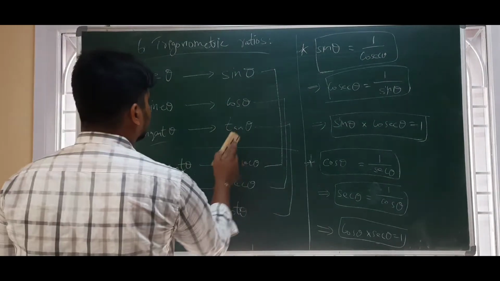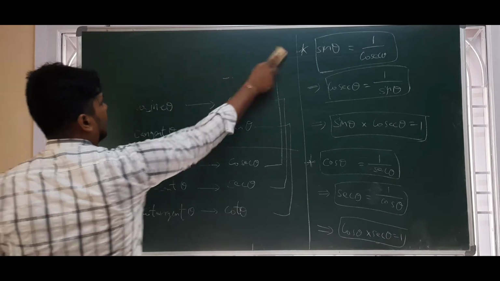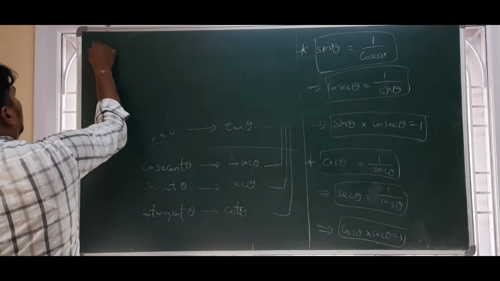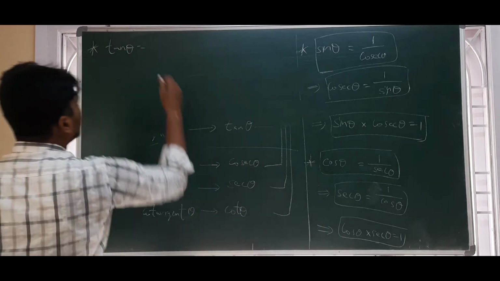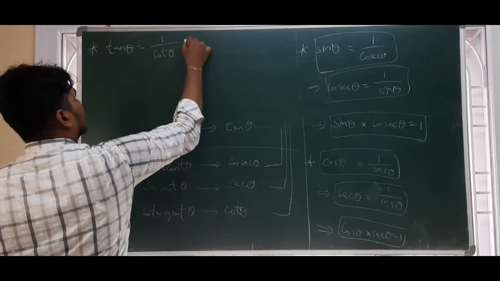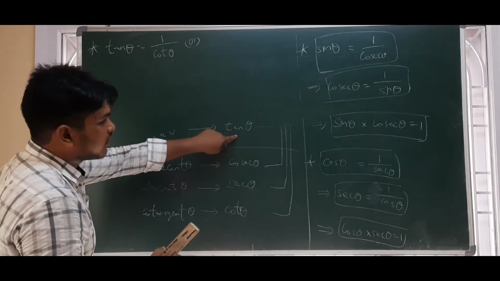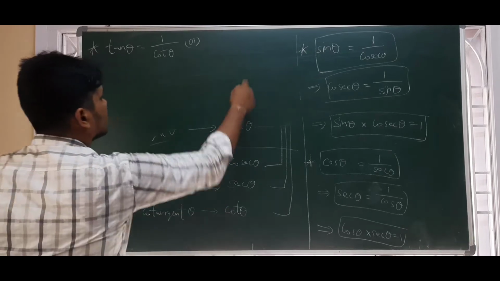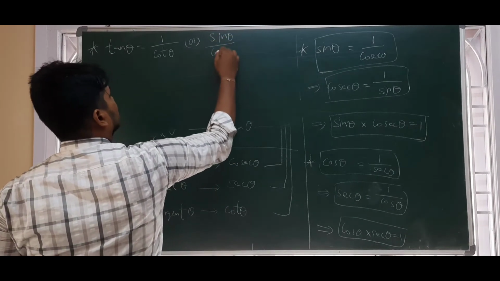And next one, tan is equal to 1 by cot, or it has another formula. Third one, tan is third one here. Third one is first one by second one, which is sin by cos.